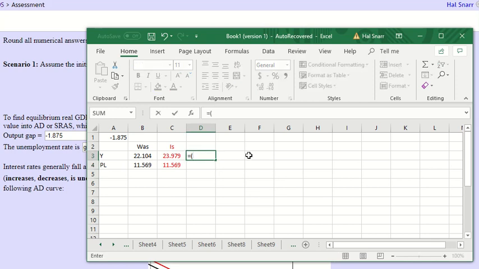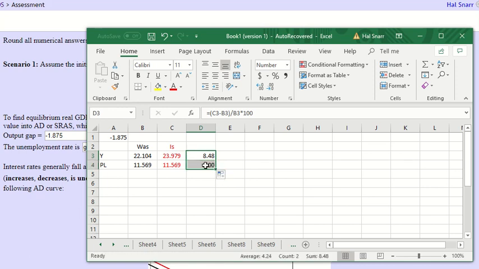So to calculate the percent change in GDP, we take what it is minus what it was, divide that difference by what it was, and multiply by 100. And we get 8.48%.